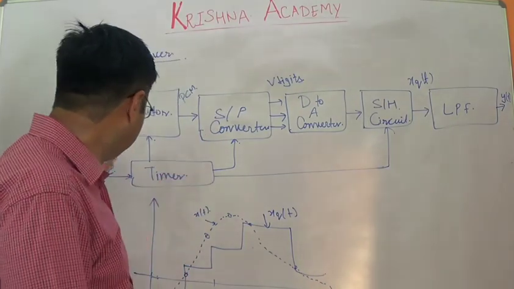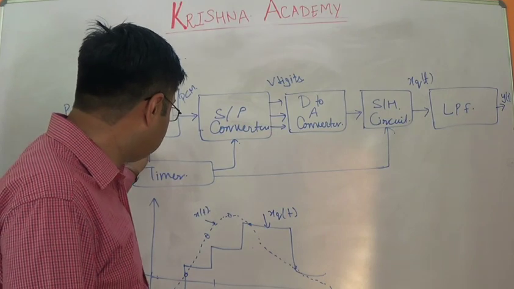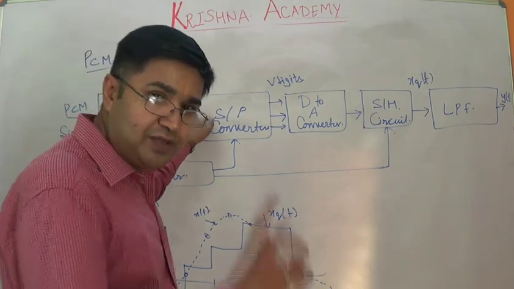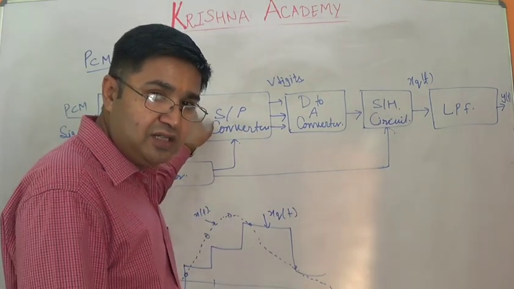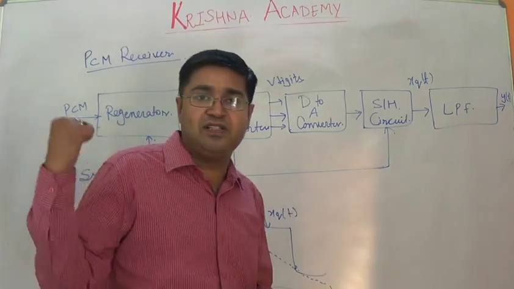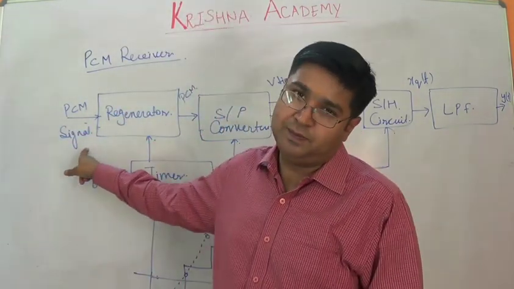First of all, whenever we have this PCM signal, it needs to be regenerated. This PCM regenerator will generate the actual PCM signal which originated in the last circuit, because initially, when we receive this PCM signal, it will be mixed with noise.